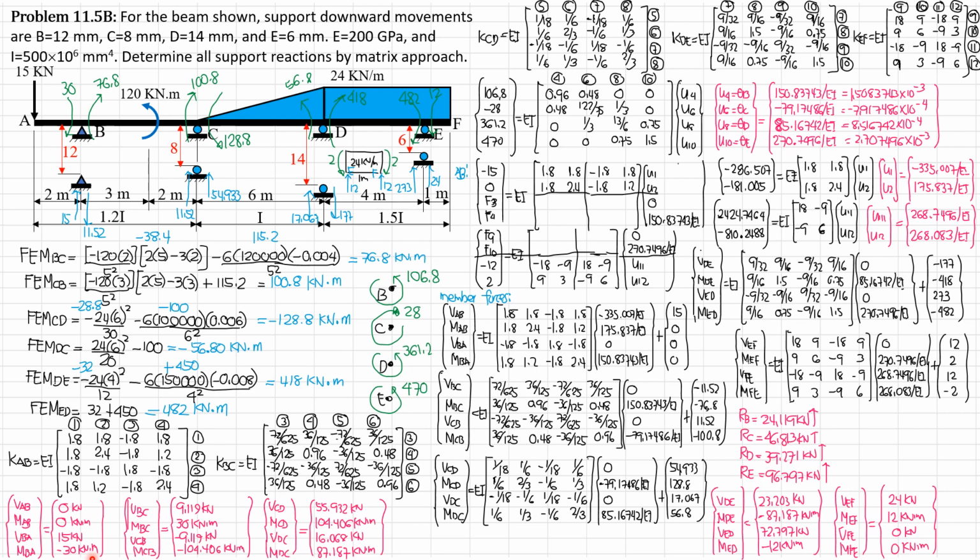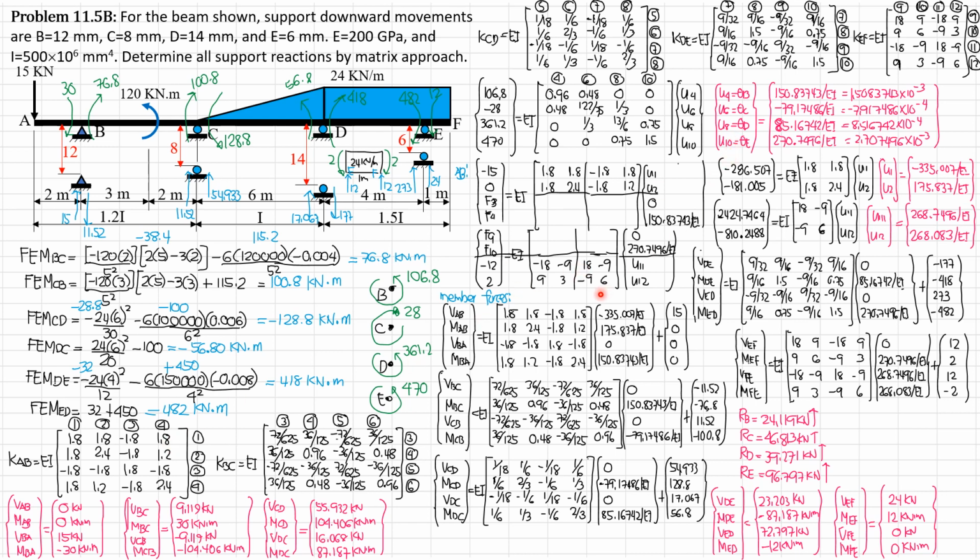The moments would be entirely opposite for classical methods, three moment equation, slope deflection equation, moment distribution, than the results in matrix. So this is MBA, which is moment B in the classical methods, but they are equal numerically.